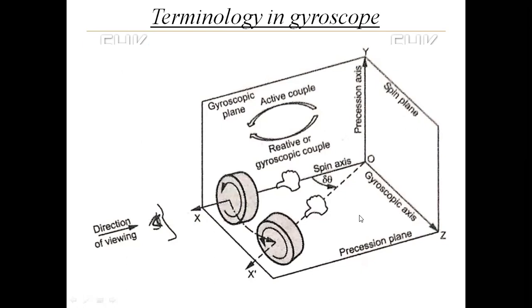And the third plane, which is mutually perpendicular to the spin plane and precession plane, is called the gyroscopic plane. In that plane you can see the active and reactive gyroscopic couple.